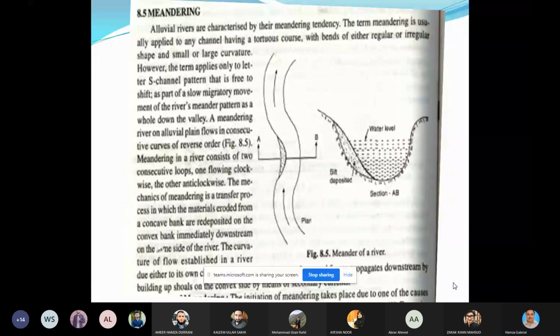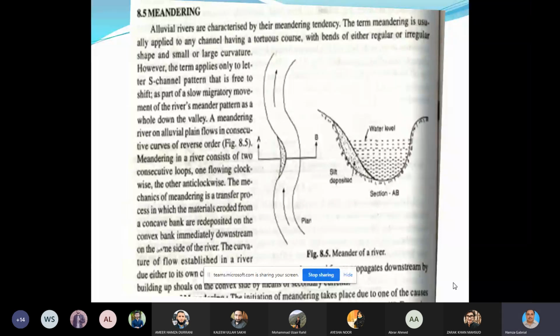So the mechanics of meandering is a transfer process where we have seen that the material it erodes from the outer bank, that is the concave side, it deposits on the inner or the convex side.